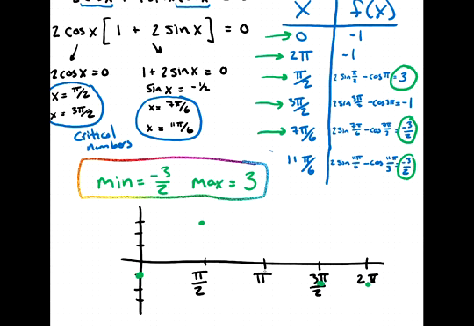Pi is 6 over 6, so 7 pi over 6 is about right here. Our y value is negative 3 over 2, or negative 1.5. So maybe down about right there. And when x is 11 pi over 6, we're also at negative 3 over 2.